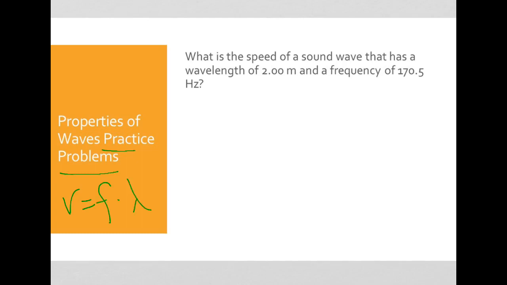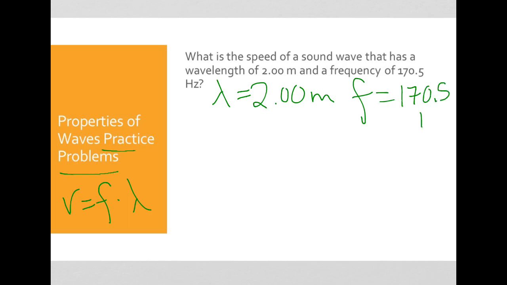What is the speed of a sound wave that has a wavelength of 2.00 meters and a frequency of 170.5 hertz?